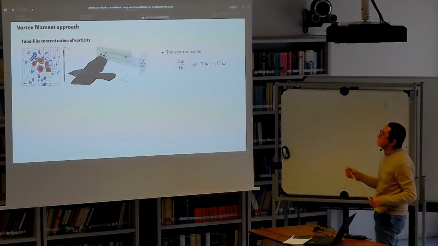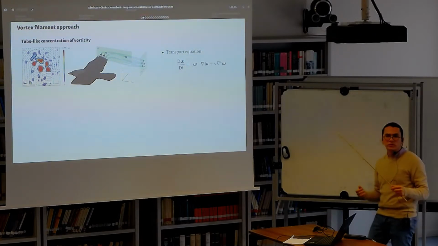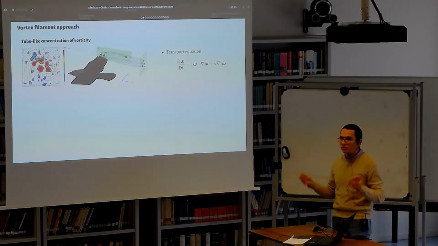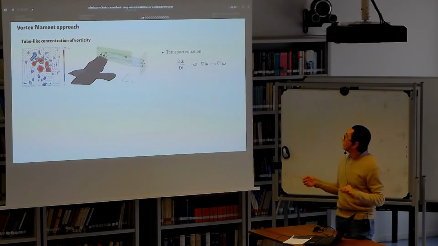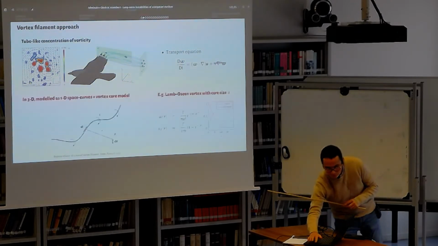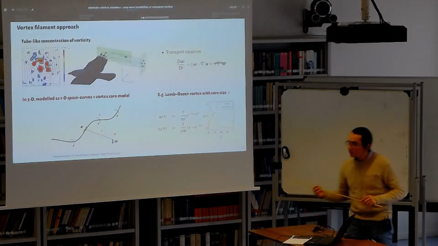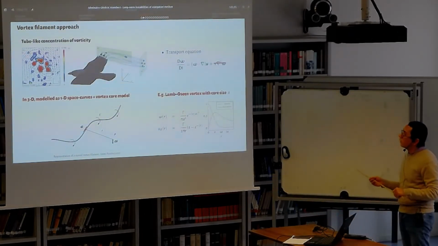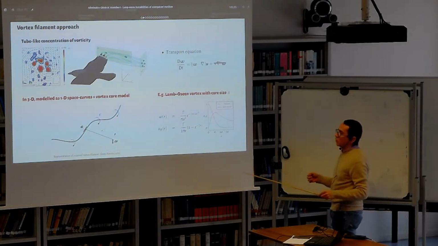So this means that instead of using a full description in space, like considering Navier-Stokes or this type of equations, we're going to look for a simplified description. We're using a filament model.